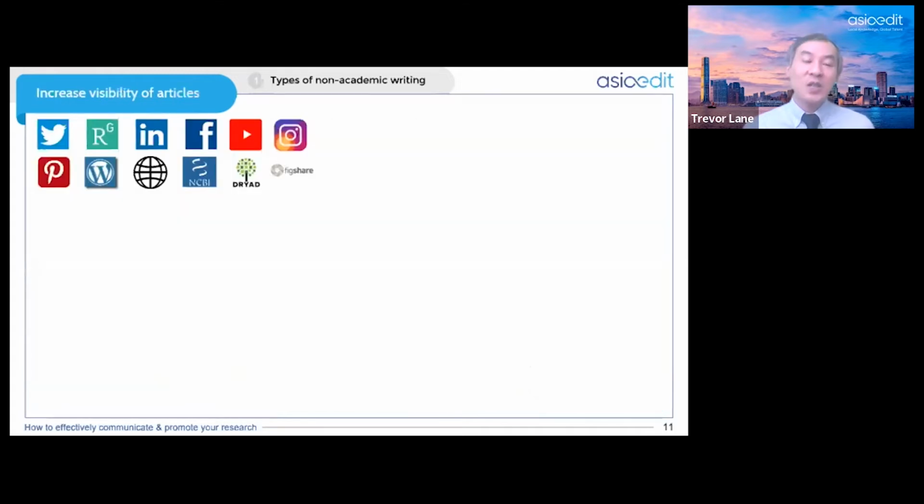So what sites can you promote your work in for the general public? Of course, there's some logos you can recognize: Twitter, ResearchGate, an academic social networking site, LinkedIn, Facebook, YouTube, Instagram, Pinterest, WordPress, and other blog sites, and then websites, either your own website or your institution or department website. Then NCBI, which stands for the US National Center for Biotechnology Information.